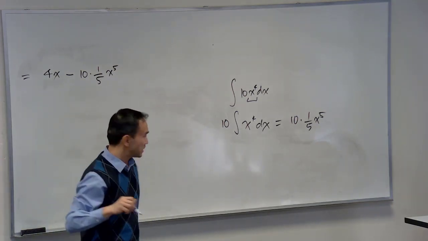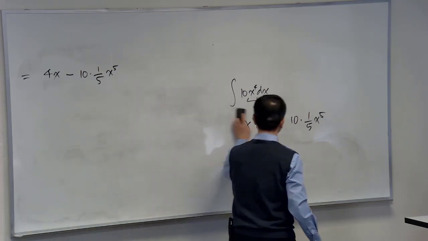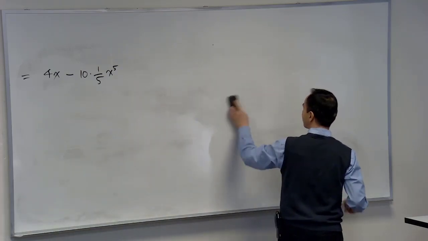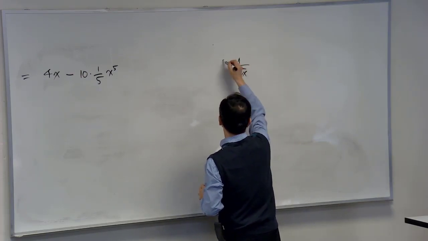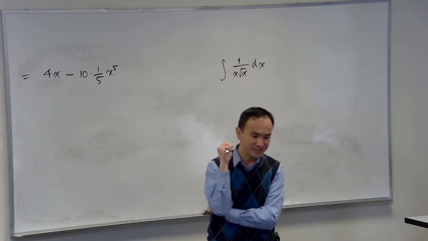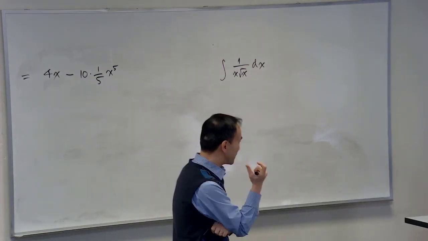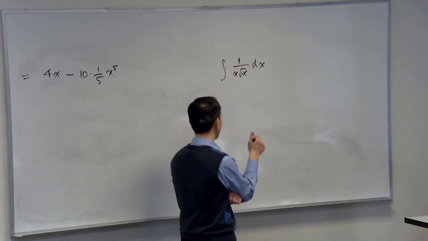And so now the third term, remind yourself again, from the other board, the function was 1 over x square root x. Okay? That's why we had that example in the earlier lecture, where we learned how we can manipulate the algebra to handle these problems.